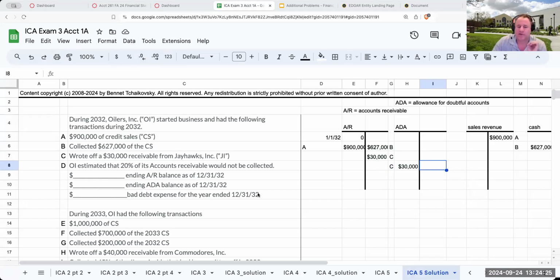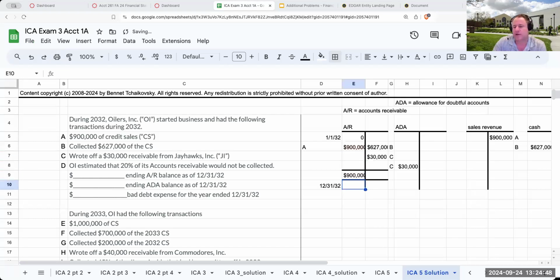Lastly, it says I'm estimating that 20% of my accounts receivable would not be collected. So what I need to do right now is figure out how much accounts receivable I had at the end of the year on 12/31/32.